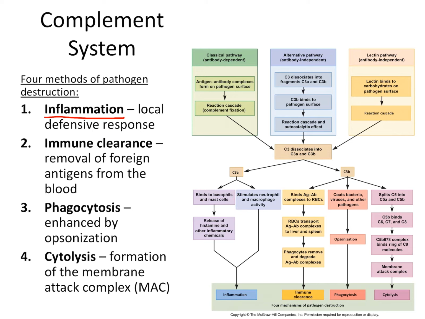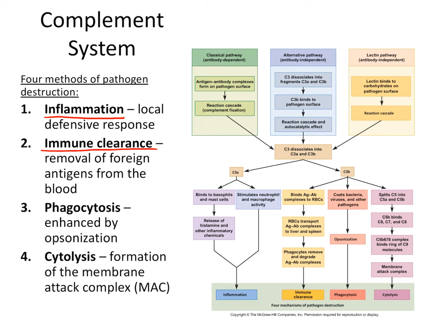We'll also see that it aids in immune clearance. Now, this is going to be the removal of foreign antigens from the blood. Ultimately, it's because it's going to bind these antigen-antibody complexes to red blood cells. As red blood cells are transported through the spleen, phagocytes are going to remove these foreign antigens, and they're interestingly going to do so without actually damaging the red blood cells.